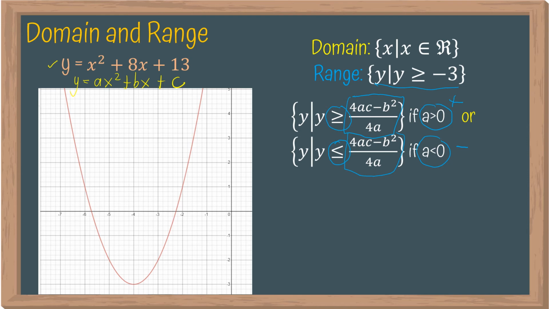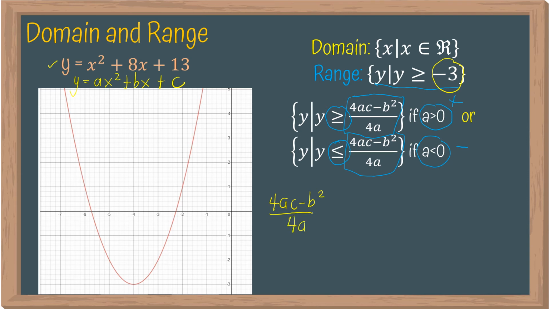So, let us try to solve. Tingnan natin. Kapag ba sinolve natin, we will still come up with this value negative 3 using this formula. Let's see. So, we will be using this expression 4ac minus b squared all over 4a.